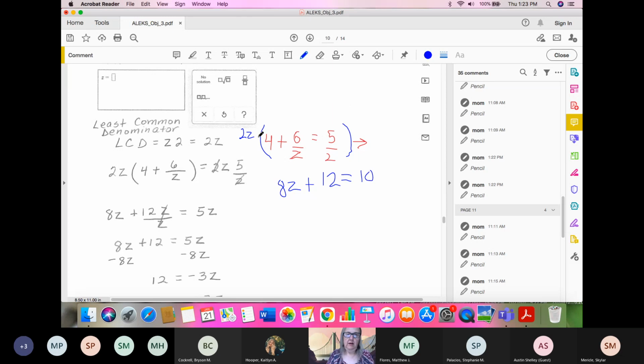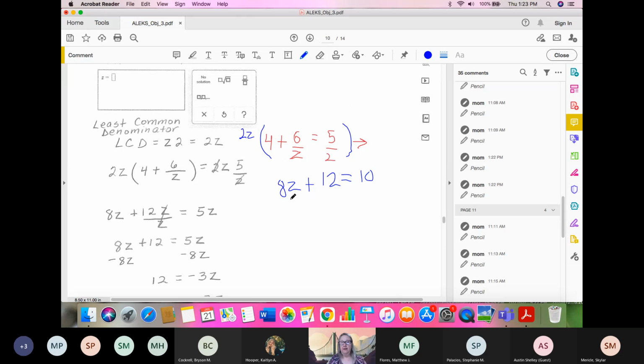And then we have a 2 here. We have to cancel with this 2 down here. Does everybody see that? This 2 is going to cancel with this 2 down here.